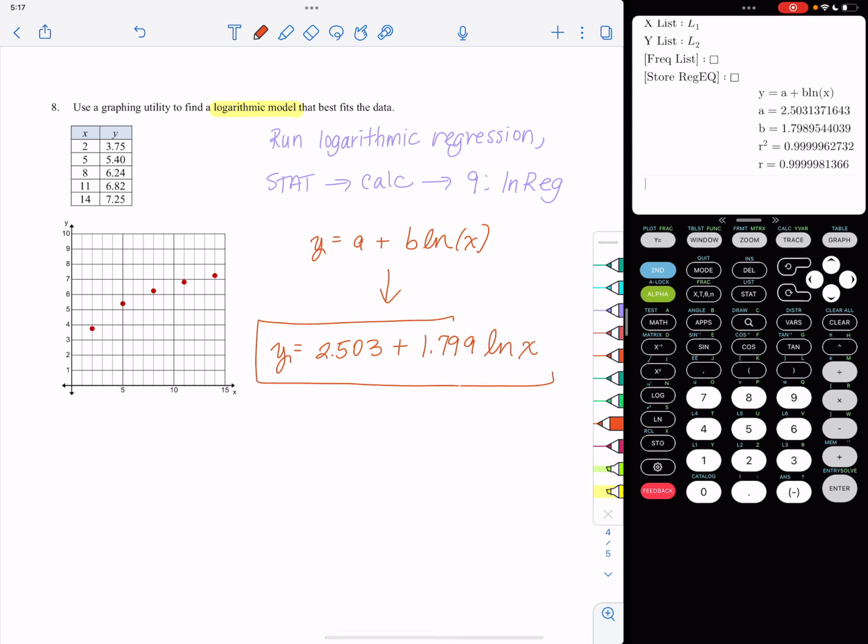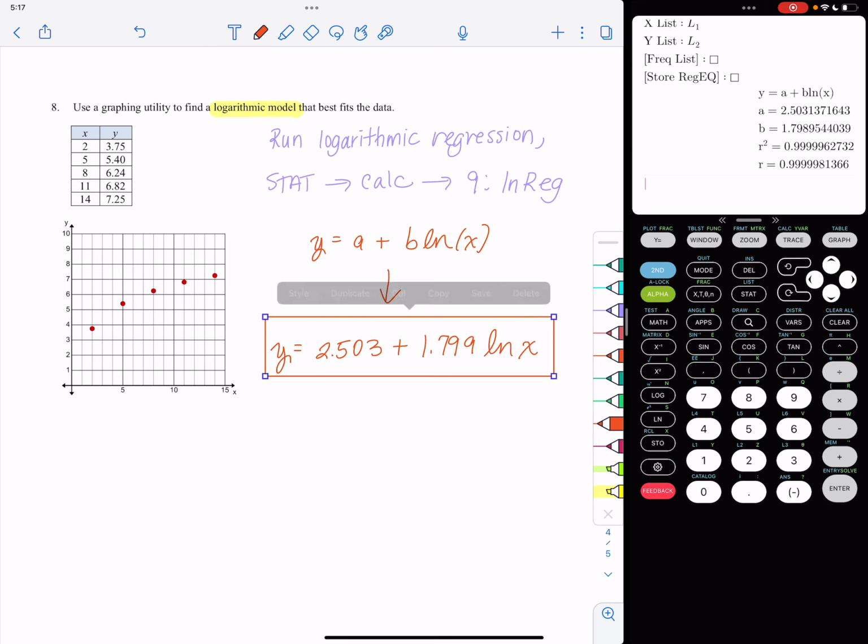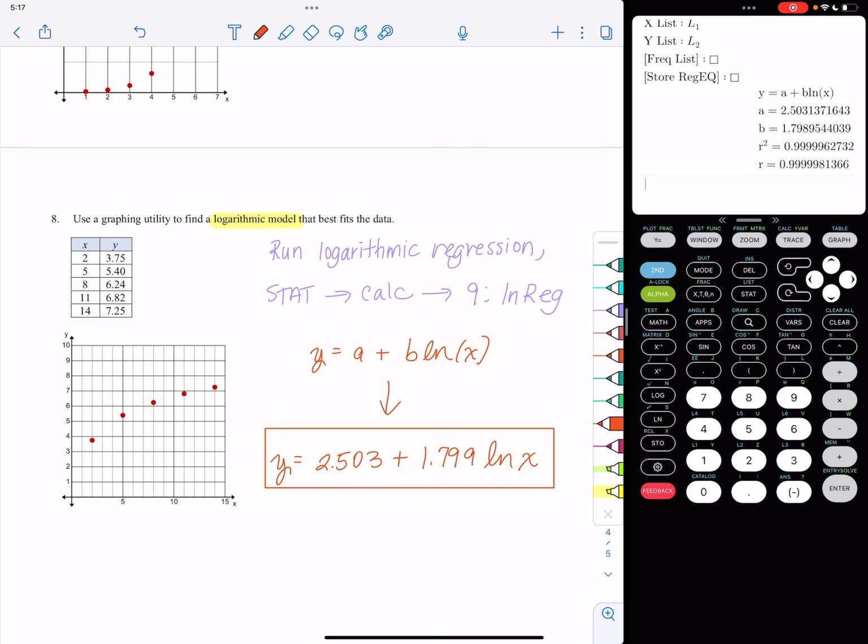So there you can see logarithmic regression using the natural log. And that concludes this section.